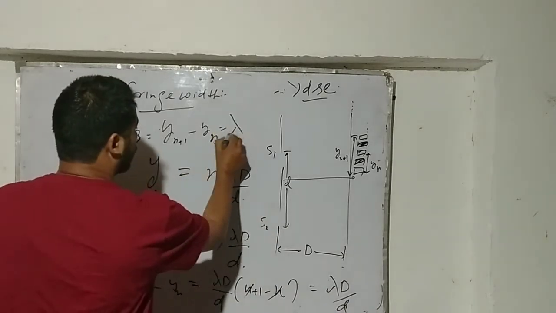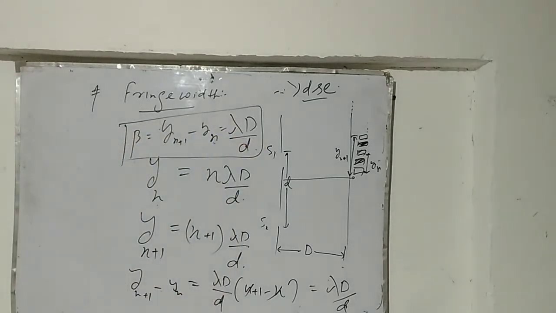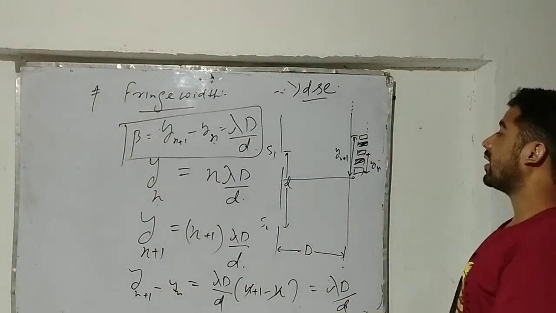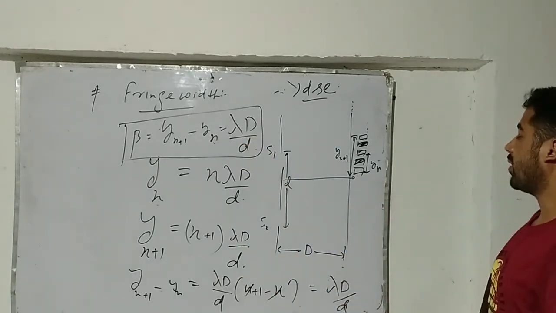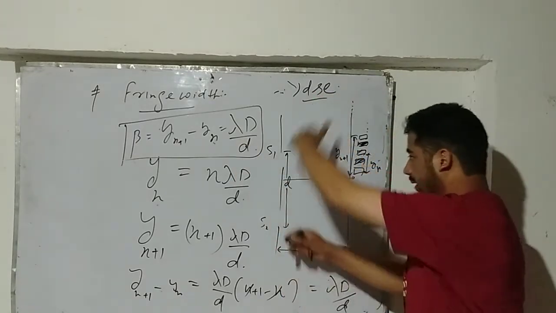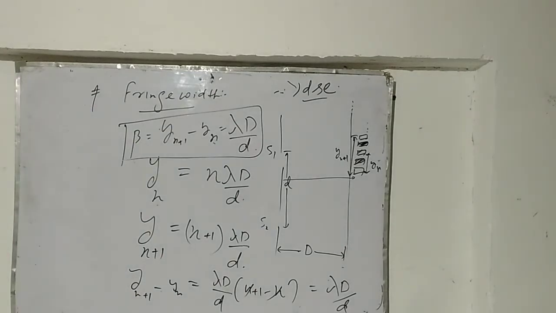This is my expression for the fringe width, where lambda is the wavelength of the light source, capital D is the distance of the screen from the slits, and small d is the inter-slit distance. This is a very important expression, and in several ways we will come to know how important it is.